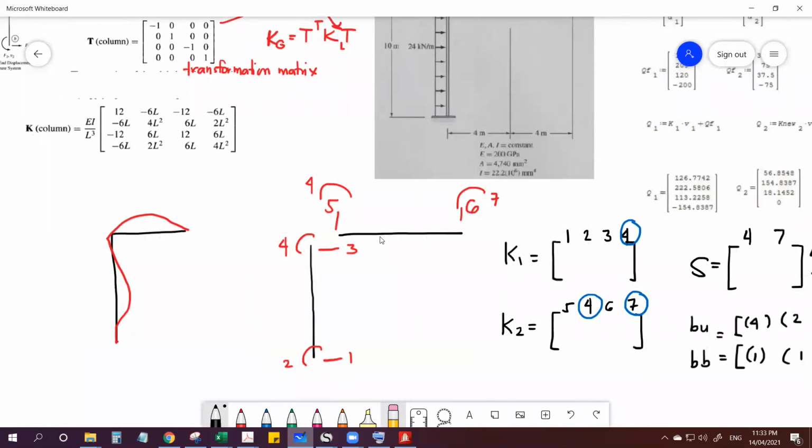Now for member 2, for now let's code the vertical displacement as 5, and the rotation, to be consistent with the rotation on this joint, will be coded as 4 also.